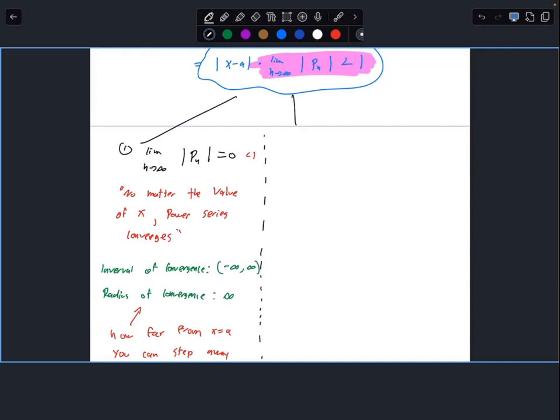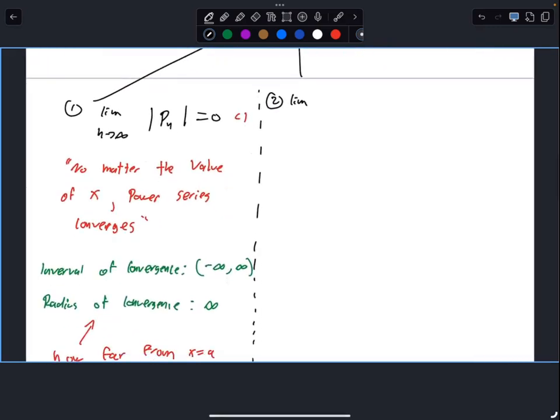Scenario 2. The limit, let's zoom back in here, the limit as n approaches infinity of the absolute value of p sub n equals infinity. Well, we know that infinity is greater than 1.